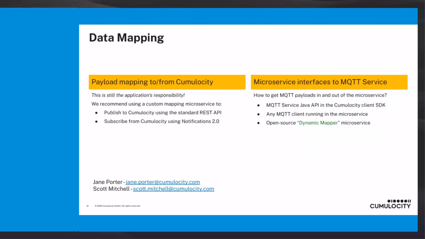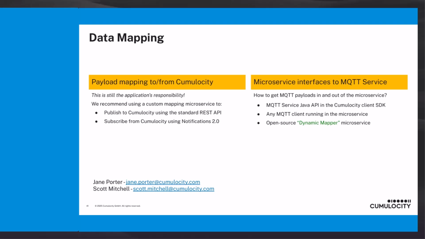Again, to reiterate, in case you weren't on previous presentations or webinars, the data mapping for the MQTT service is up to the user. You can either use an MQTT service API that we've provided, or there's a really rather lovely dynamic mapper.